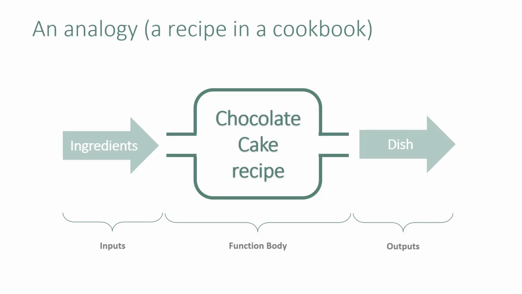Then think about the ingredients in a recipe. In a function, instead of flour and sugar, you have inputs, which are called parameters. So just like you might need 2 cups of flour for your cake, a function might need inputs like int a and int b. Next up is the function body. This is like the actual steps in your recipe.